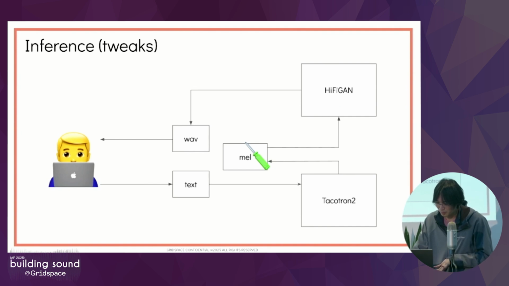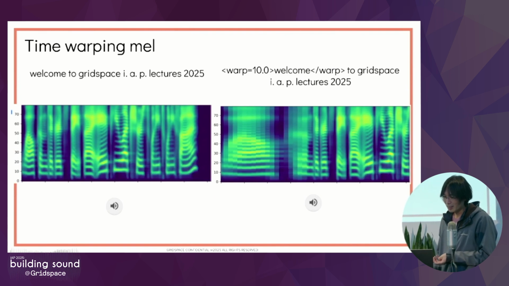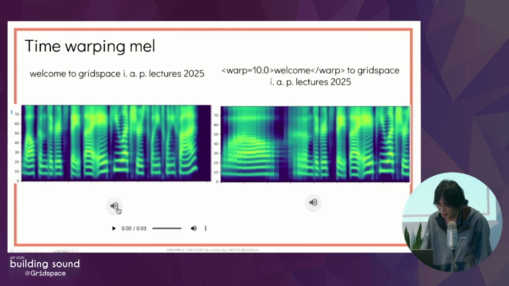So one particular avenue for modifying the mel spectrogram is just stretching it. You could just take the intermediate output of Tacotron 2 and linearly stretch some part of the mel spectrogram. Without any stretching, it would sound like this. Welcome to Gridspace IAP Lectures 2025.